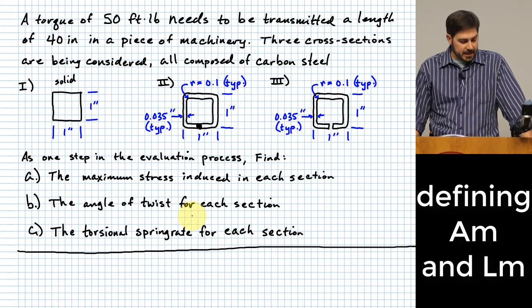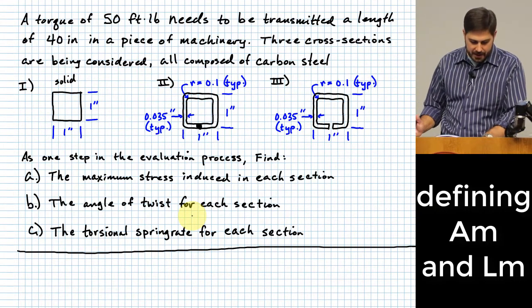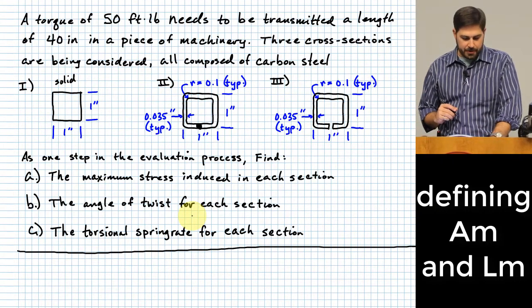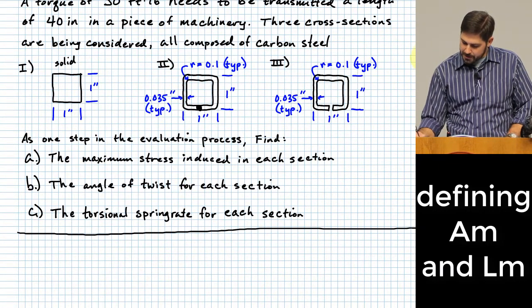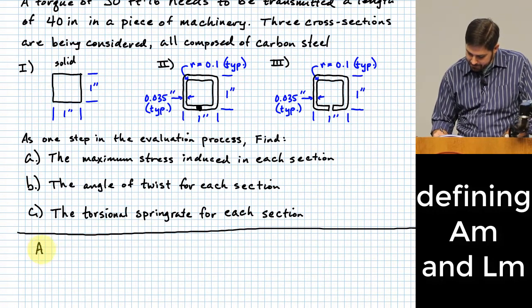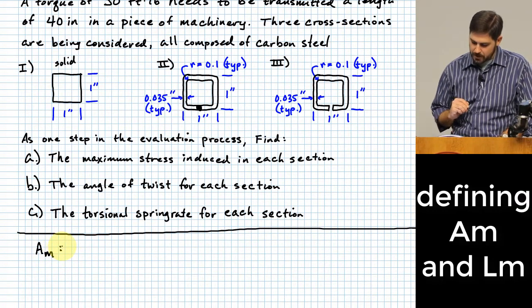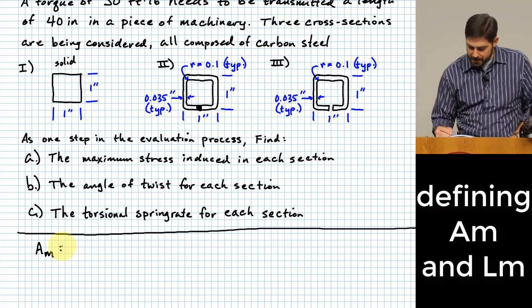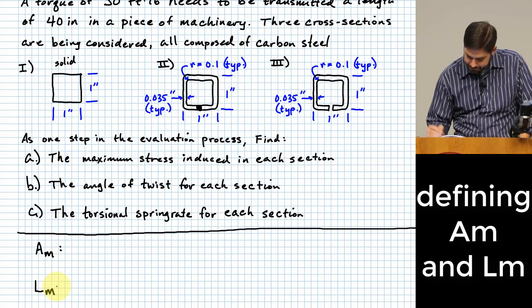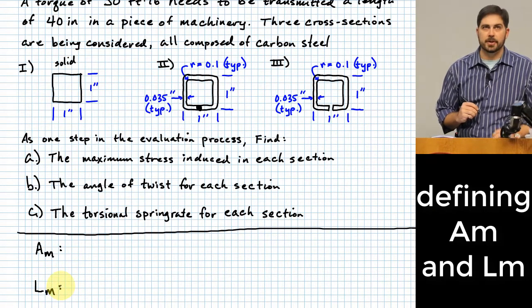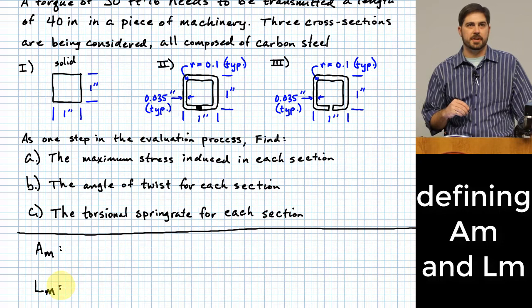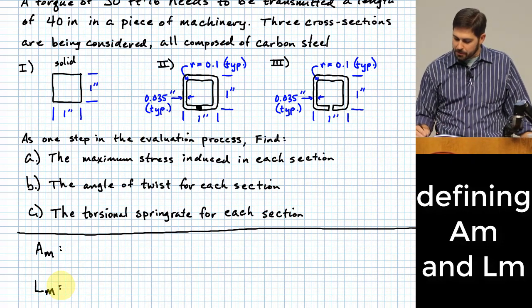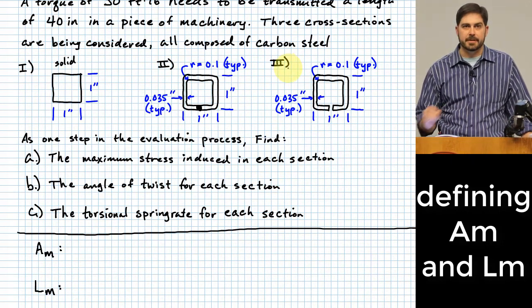They appear in equations 345 and 346. There is a parameter that they use that is A sub m. And there's also another one that's labeled L sub m. I figured it'd be worthwhile to define these and figure out what they are, because they will be used for both cases 2 and 3 up here.